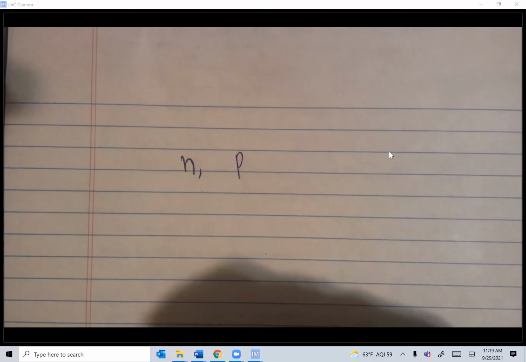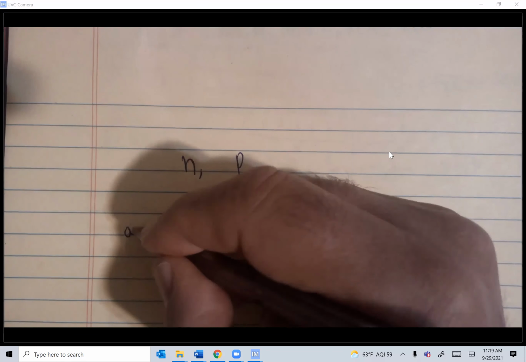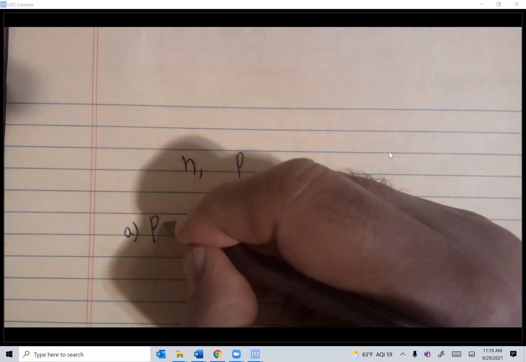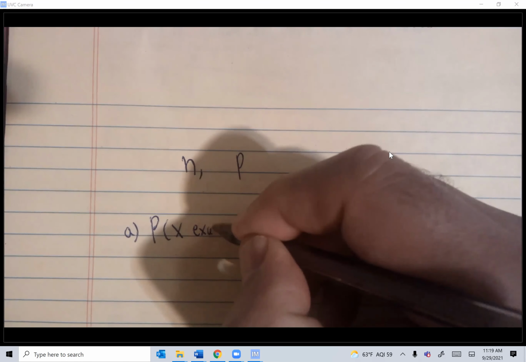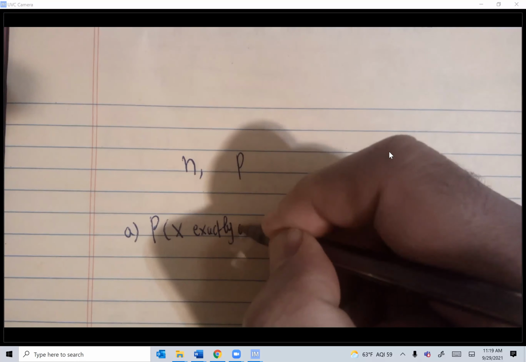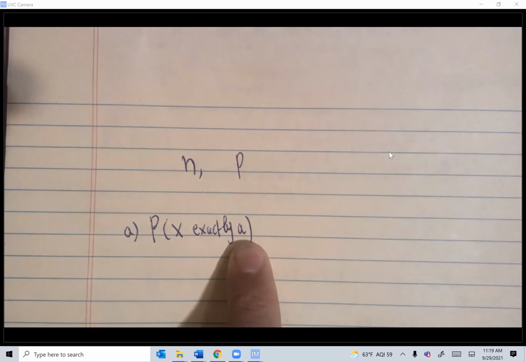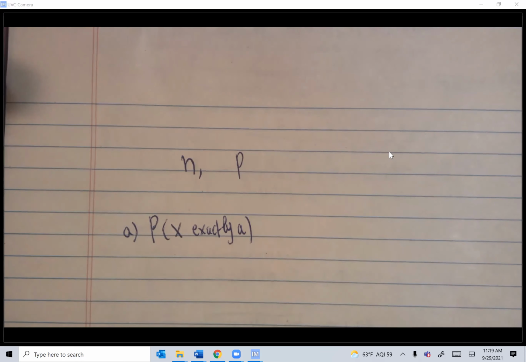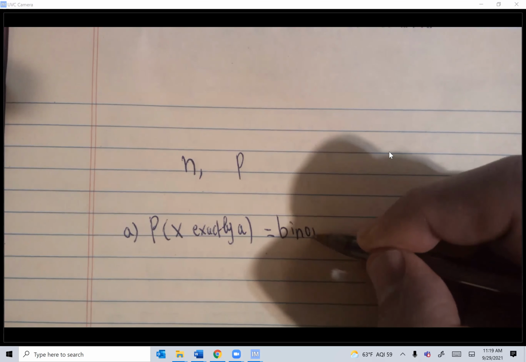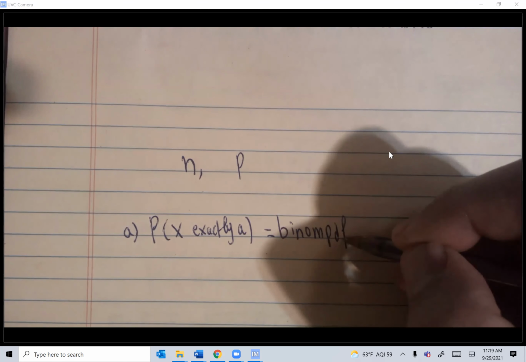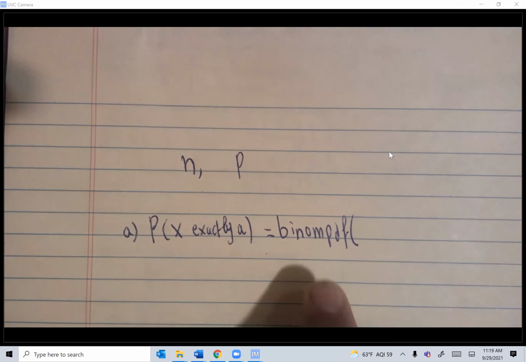And then, if he asks you the first question, guys, what's the probability of x exactly a? Let's say a is 5. Here's how you answer it. You do binomial PDF, and this is what I would like to see on the assignment when you do your work.